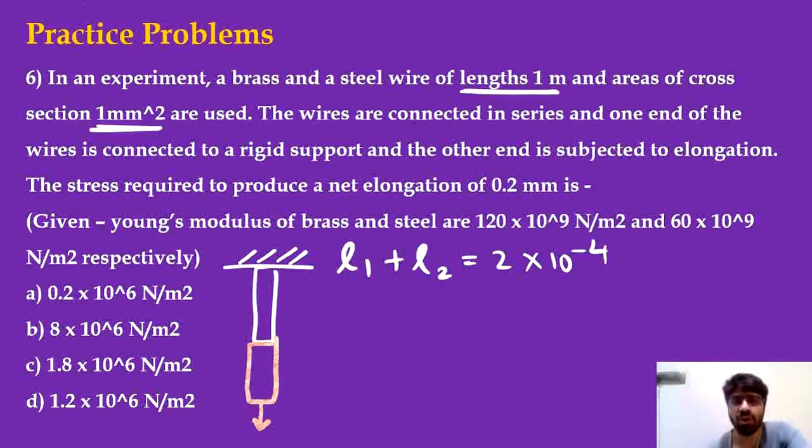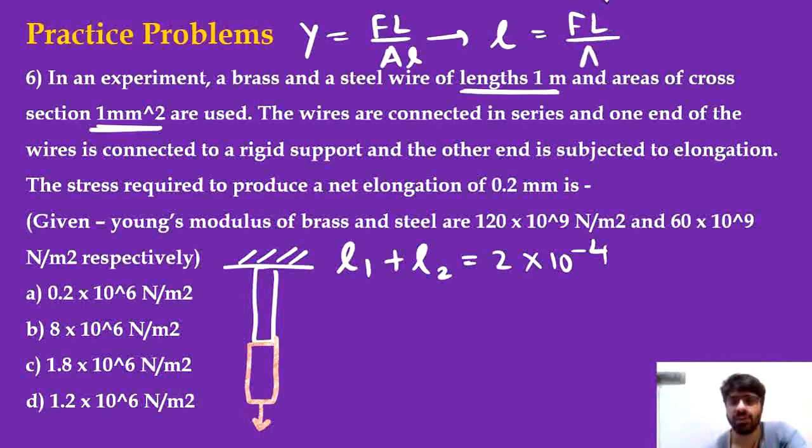The formula for Young's modulus was Y equal to FL upon Al. And that is why the formula for elongation l becomes FL upon AY. We will prefer to write F upon A as stress because they are asking us the stress only. Okay, in fact, let's keep it as F upon A only for now.